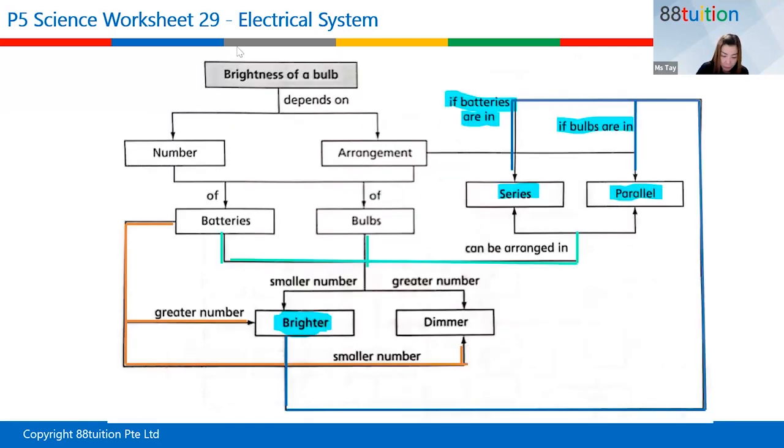So the brightness of a bulb depends on the number of batteries, the number of bulbs, as well as the arrangement of batteries and bulbs. So you need to know also, very, very important, if it is a series circuit or a parallel circuit, what will happen? Which will be brighter?